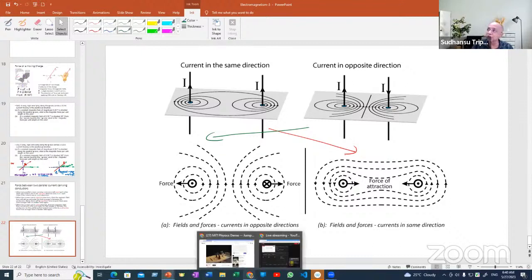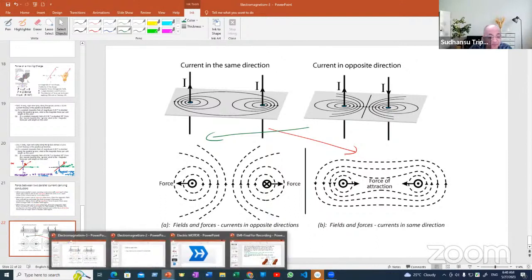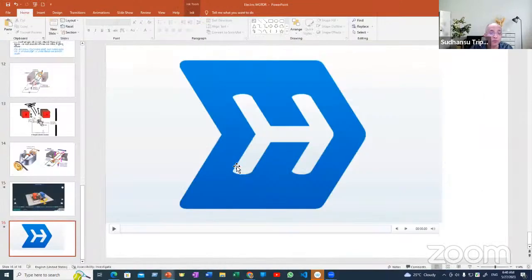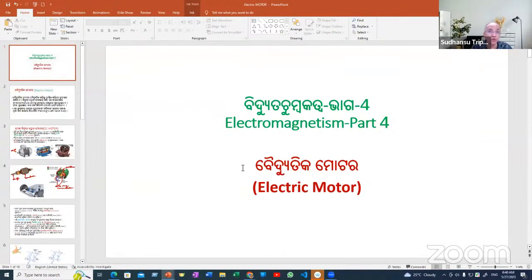Now we have 10 minutes more, we can go on to apply the concept of the motor, because usually teachers like to teach both FLR and FRR, I mean EMI and the force exerted on a current carrying conductor in a magnetic field, together, and then they go for the motor and generator.